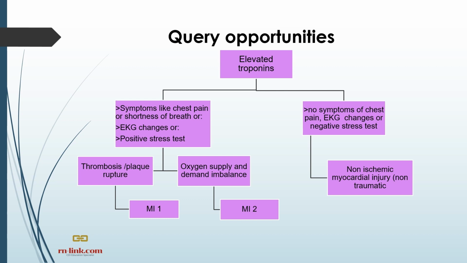If there is elevated troponin but no symptoms or EKG changes, or a negative stress test, we can query for non-ischemic myocardial injury, non-traumatic. There are times that the doctor will document MI type 1 when it is actually type 2 or just non-ischemic myocardial injury, then we need to validate the diagnosis. If there is a cardiologist on the case, review what the cardiologist is documenting. If it is in conflict with what the primary doctor is documenting, we also need to query the primary doctor.